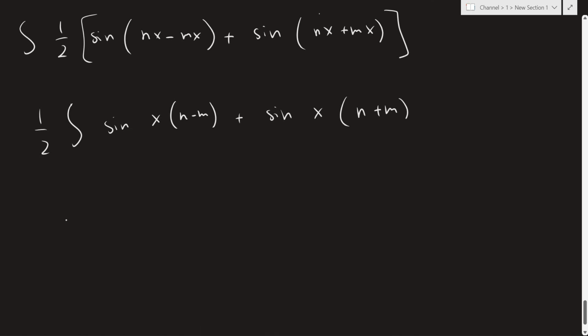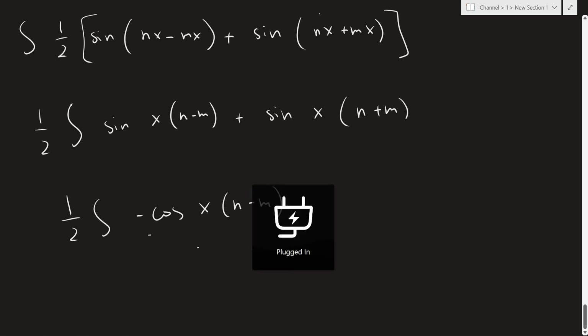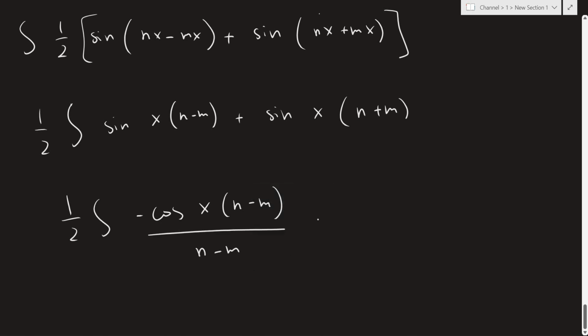Integration of sine x is negative cosine, so it's going to be half negative cosine x n minus m, and then we divide by what's inside, right? We divide by what's inside of this. So it's going to be divide n minus m. So plus sine is also negative cosine, so let's take a negative as well, plus negative cosine x n plus m, and then divide by what's inside, which is also n plus m.